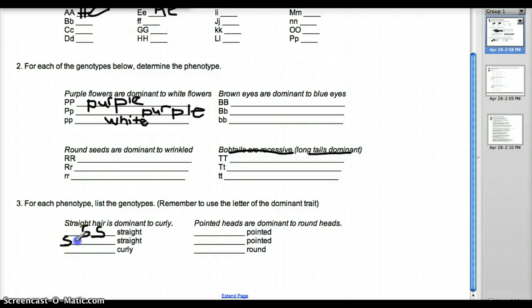So a big S and then a little s. And the only way to get curly would be to have 2 little s's. All right? So I'm going to stop and let you do the last one.